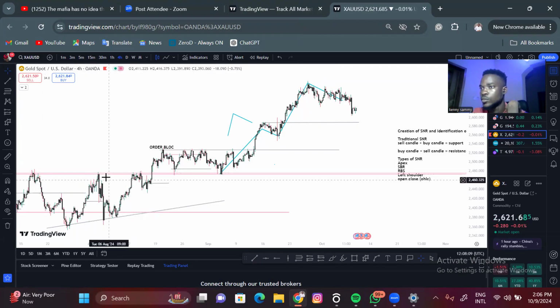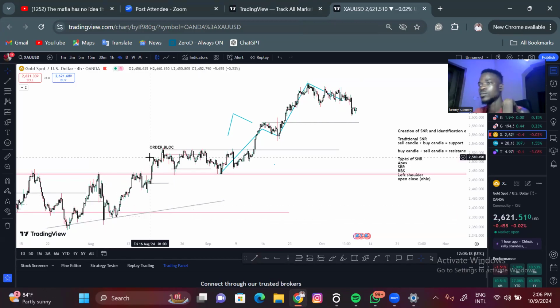Then it came from the low to a high, then higher low, higher high, then higher low, higher high, higher low, higher high. If this trend is going to continue, we should be having our higher low, perhaps from here, or maybe it comes to pick this level here that I have indicated.